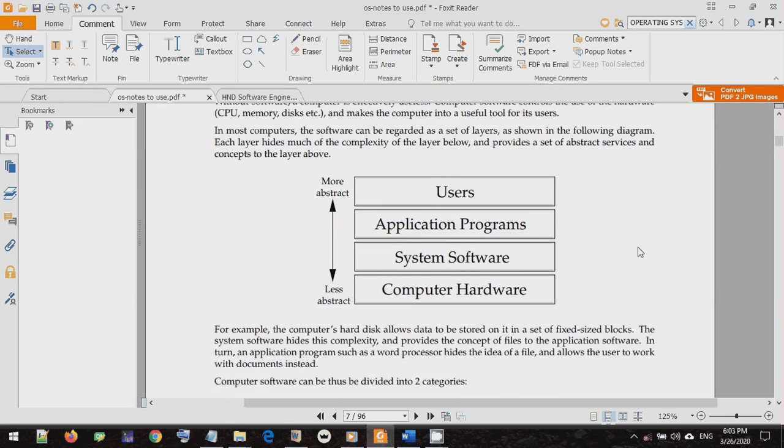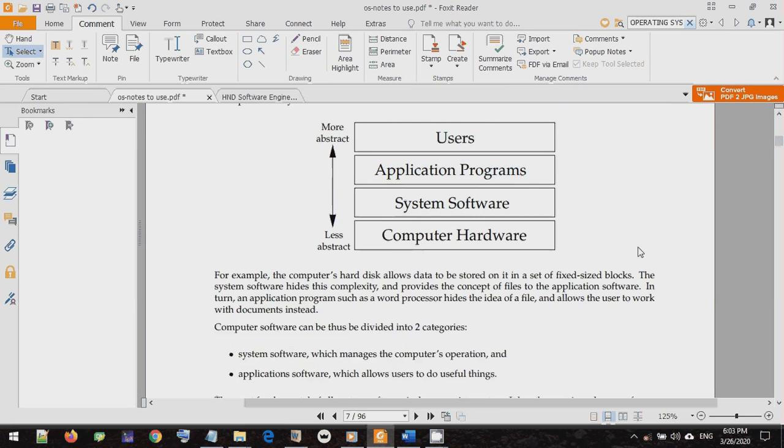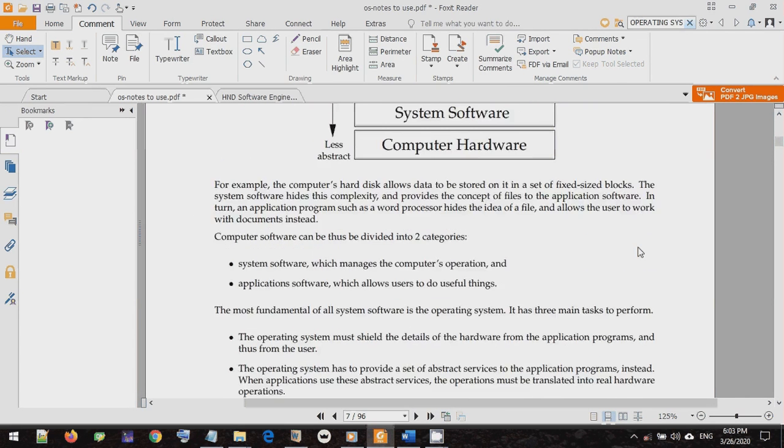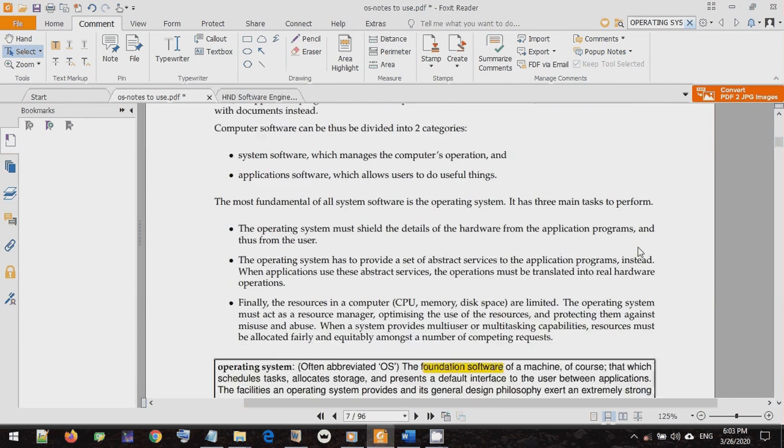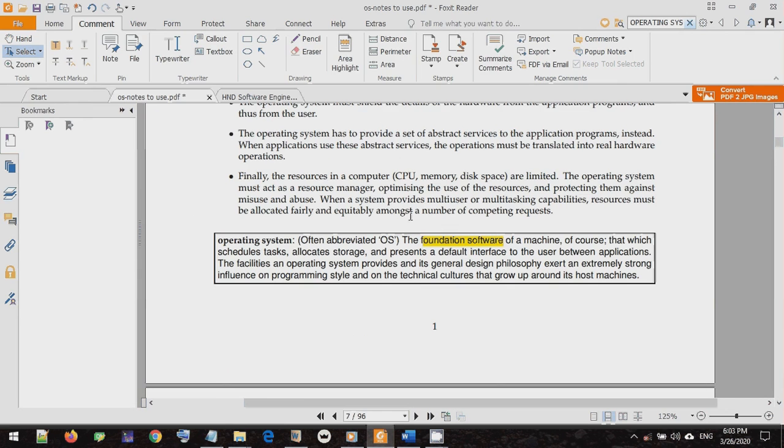Now, a simple way to define our operating system could be that we could say it is a foundation software of a machine that schedules tasks, allocates storage, and presents a default user interface between applications.